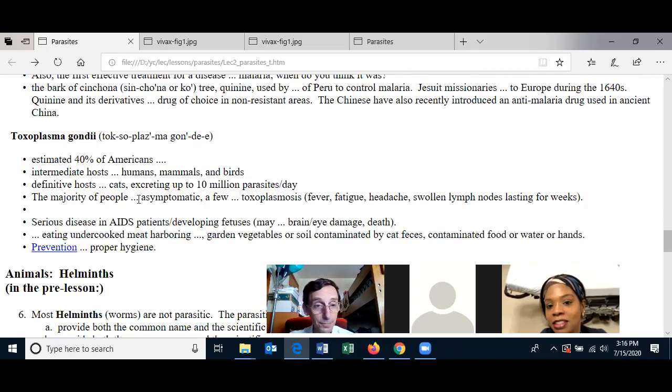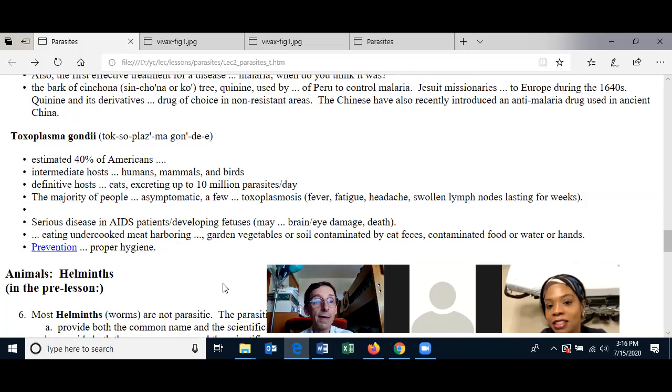And then the parasite in the cat will undergo sexual reproduction, creating the eggs for the parasite, which are then found in the cat's feces, and then people and other animals can pick up those eggs of the parasite and then become infected.